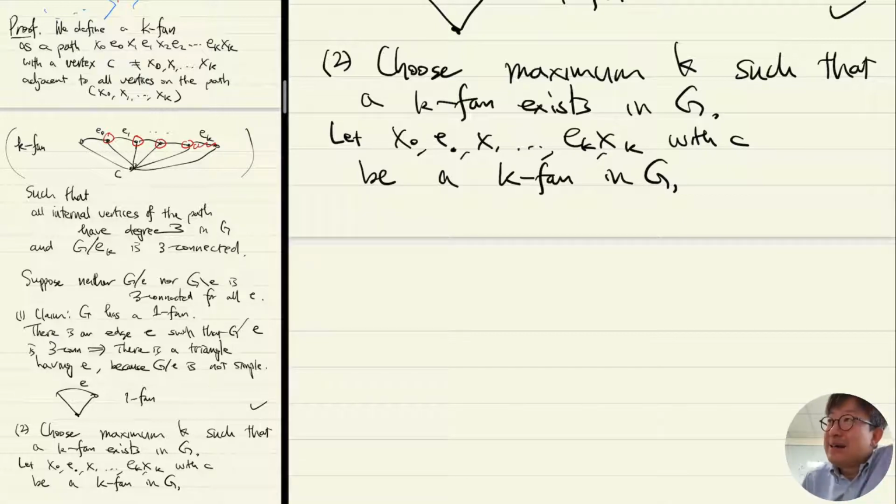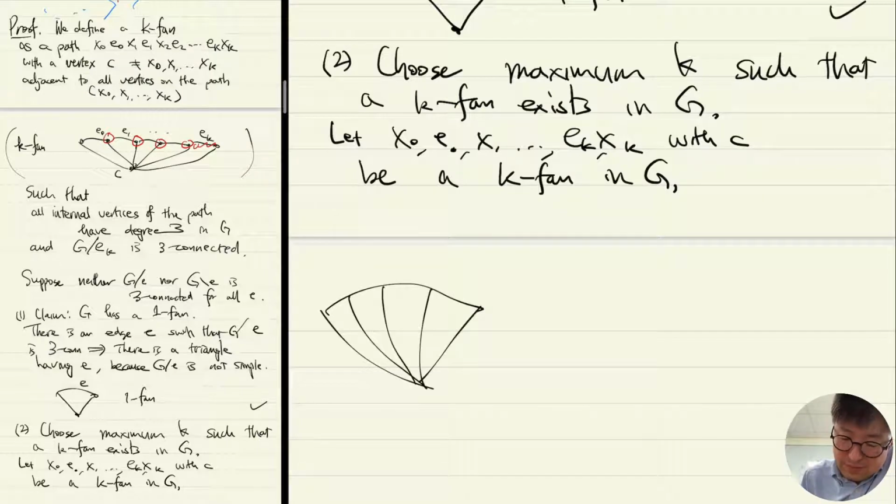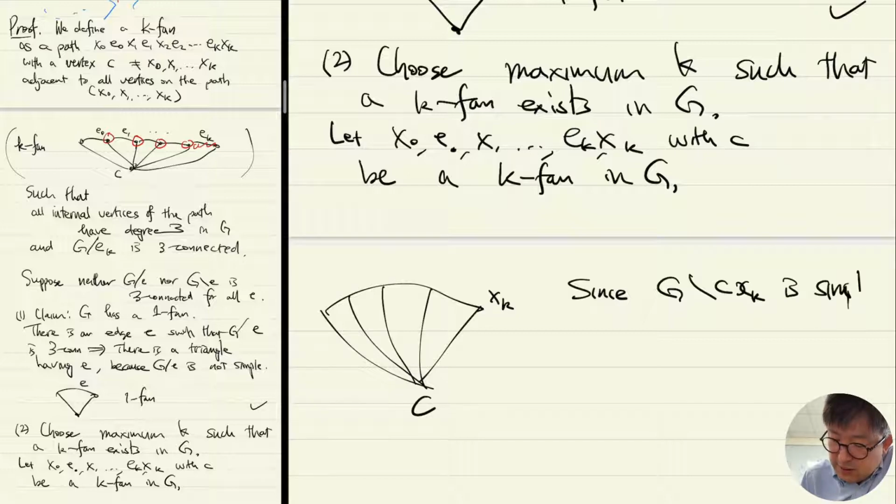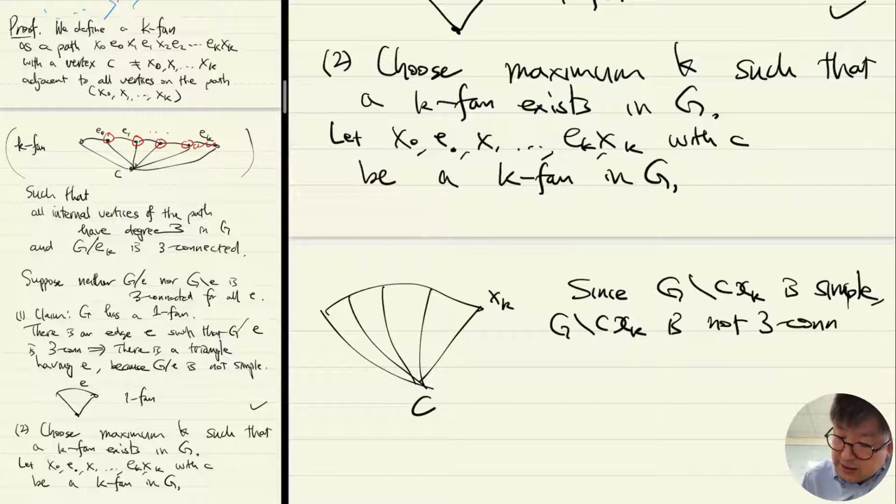Now let's look at the last edge. So here's c, here's xk. Since G delete cxk is simple, G delete cxk is not 3-connected, right?